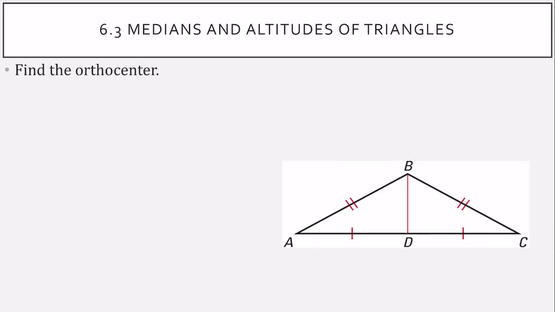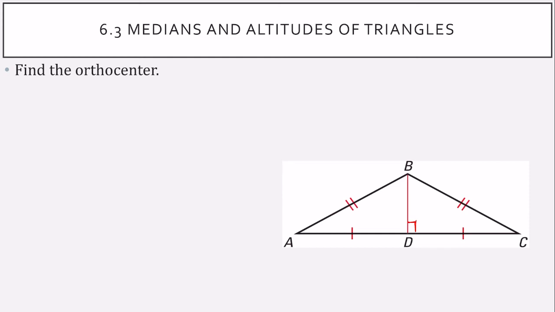So let's find the orthocenter of this triangle. Ooh, what type of triangle is it? Since two sides are congruent, that makes it isosceles, and it looks like it is obtuse isosceles. Alright, so we need our first altitude, which looks like it's drawn for us. This looks pretty perpendicular.